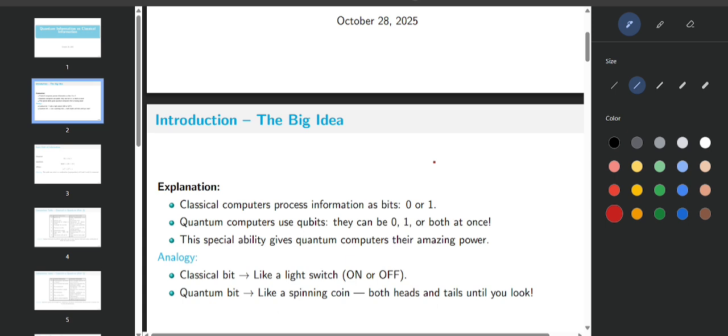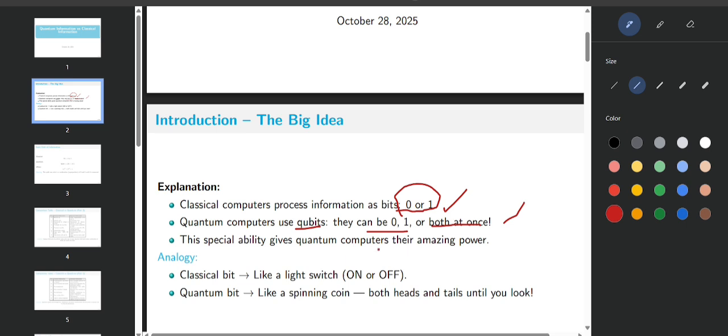Okay. So moving on to the introduction. A classical computer works with bits. They can be either 0 or 1. This point you need to remember. Whereas quantum computers use qubits, they can be 0 and 1 both at once.